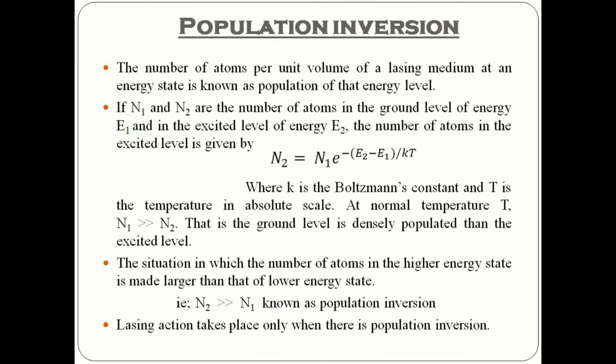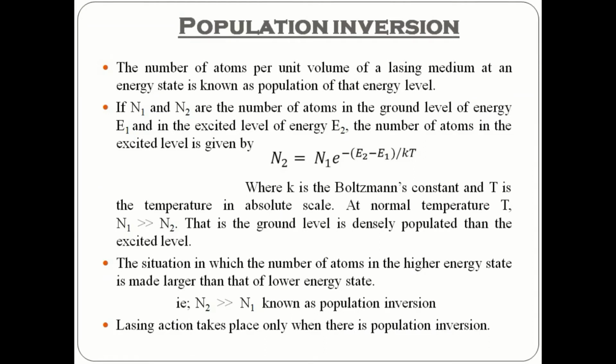Now what do we mean by population inversion? It is just the inversion of that phenomenon. If the number of atoms in the higher energy state is larger than the number of atoms in the lower energy state, that is known as population inversion, that is n2 far greater than n1.